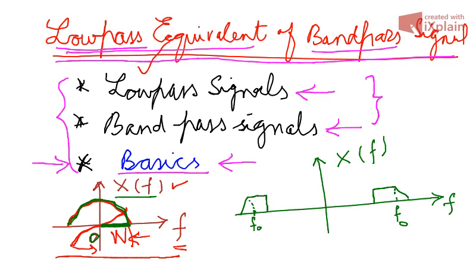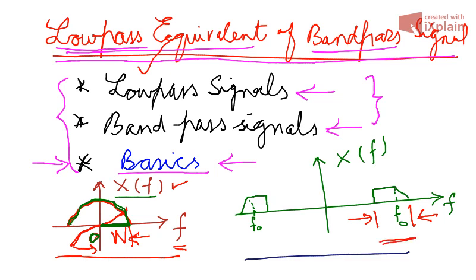In the figure at the right side, the second figure, we have a signal which is known as the band pass signal. The reason for this to be a band pass, you can clearly see that it is in the higher band.